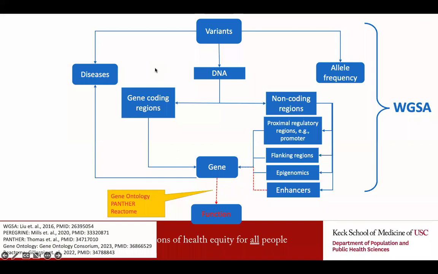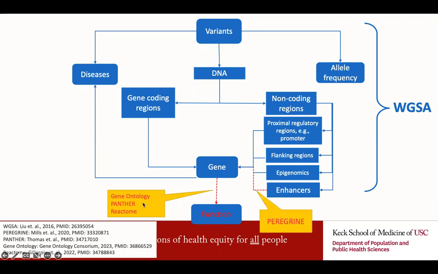We also have a lot of knowledge about how to communicate with other resources, like functional annotation resources such as Gene Ontology, Panther pathway, and Reactome pathways. This can be done through a Panther service, and we can retrieve them. Once we've done the WGSA annotation, we know the gene information, and then we can use the gene information to retrieve these functional annotation data.